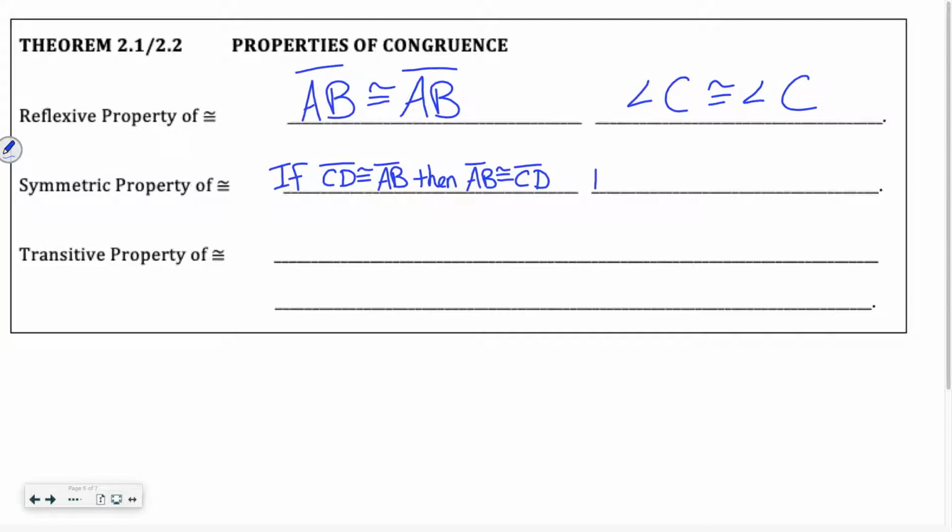We can say the same thing about angles. If angle x is congruent to angle y, then angle y is congruent to angle x. So it's just saying when you flip around the congruence statement, it's still going to be equal. And the last thing is transitive property.